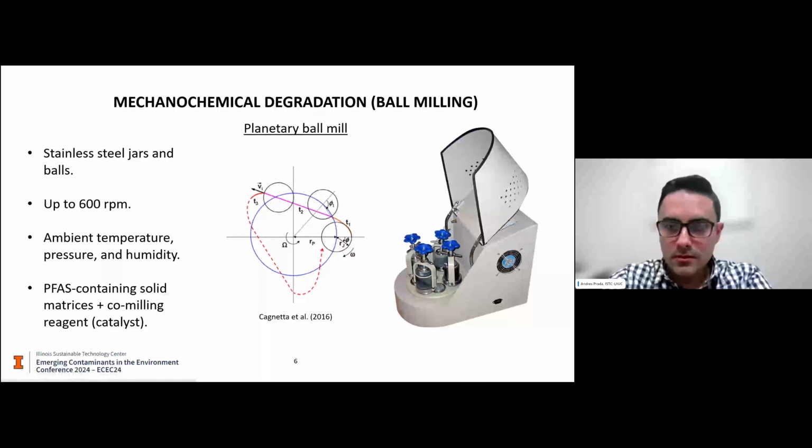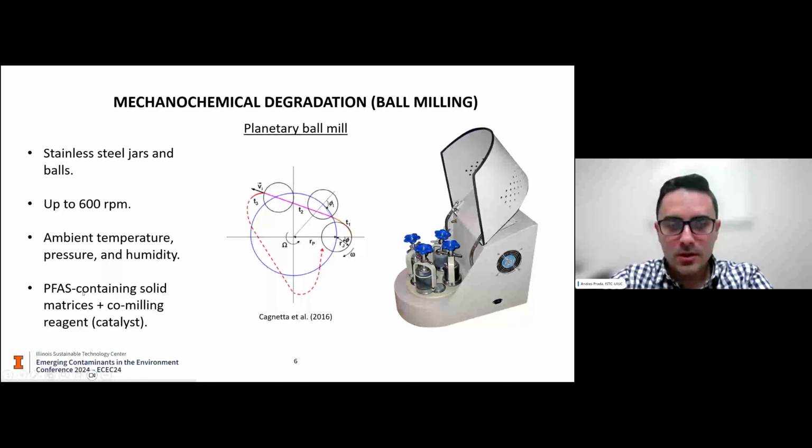It's officially called a planetary ball mill. It has 4 stainless steel jars, and inside there are around 100 balls in each jar. It runs up to 600 RPM at ambient temperature, pressure, and humidity.